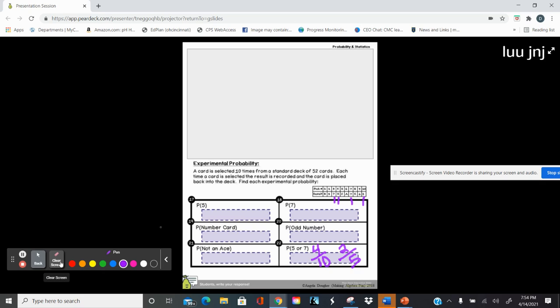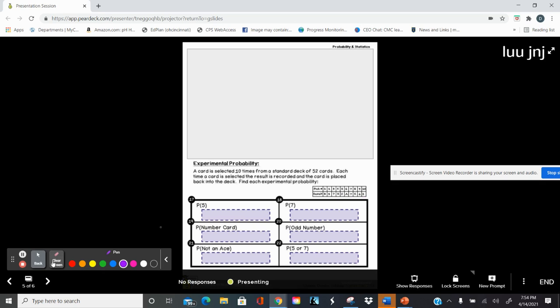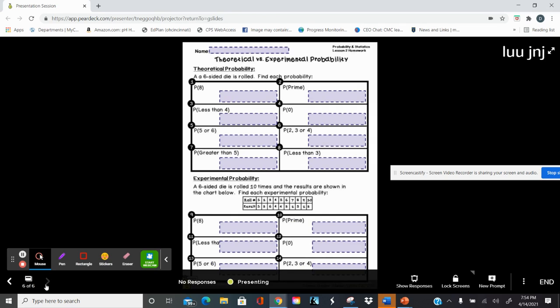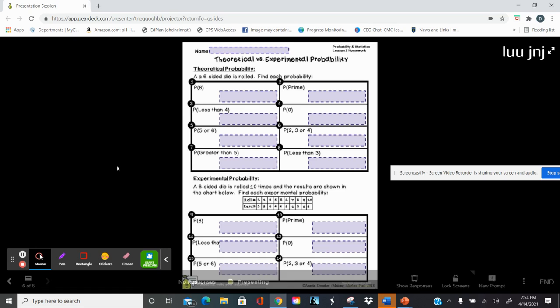One more thing that you guys have is homework to do, and it's going to be on both theoretical probability and experimental probability. It's basically what we just did, except you're doing it solely on your own.